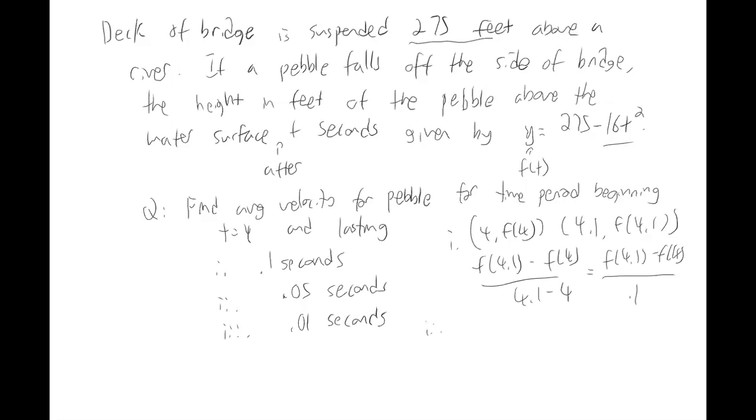And then part 2, same exact thing. This is a good approximation, it's 0.1 away from 4. But now you get closer, you take a point even closer to 4, in this case 4.05. This will give you an answer closer to the actual velocity. So same exact thing, f of 4.05.